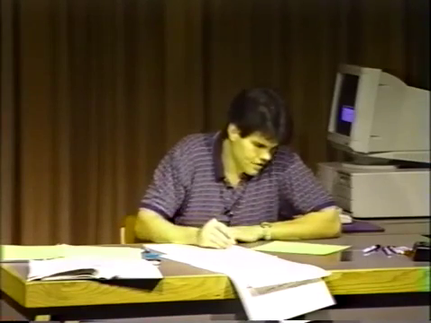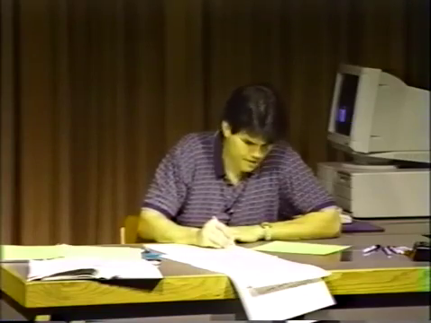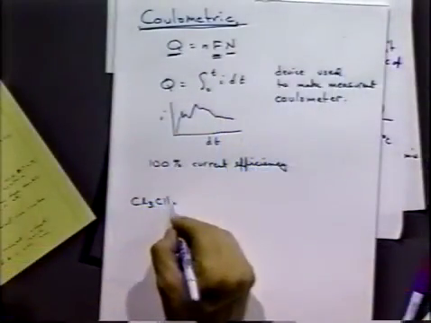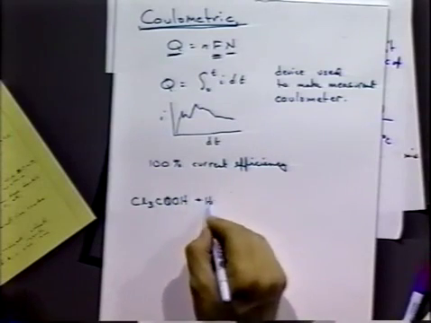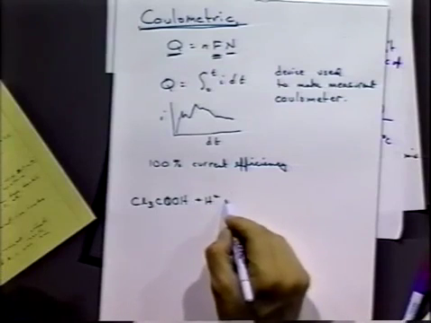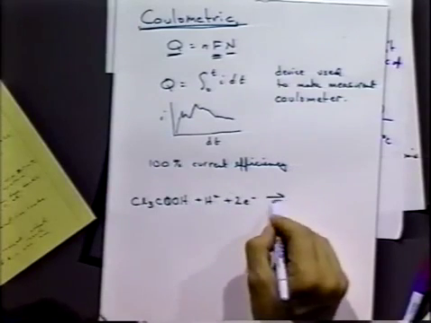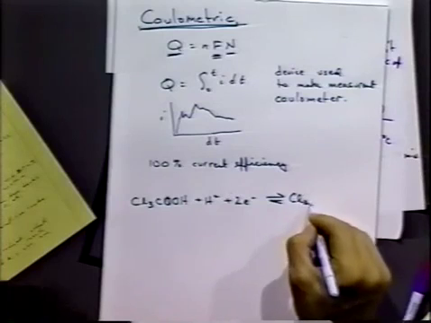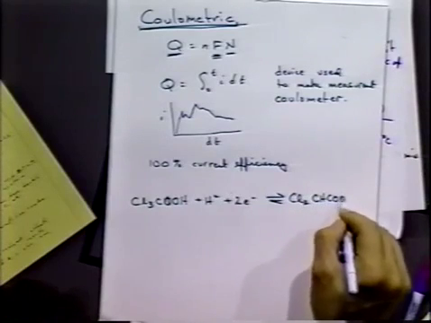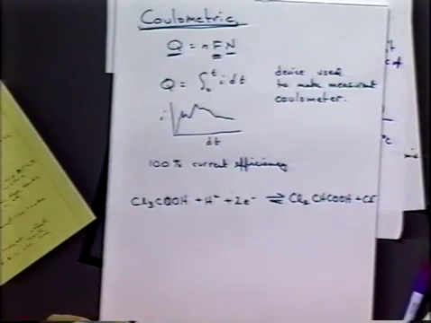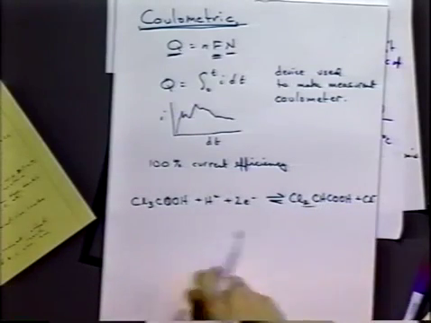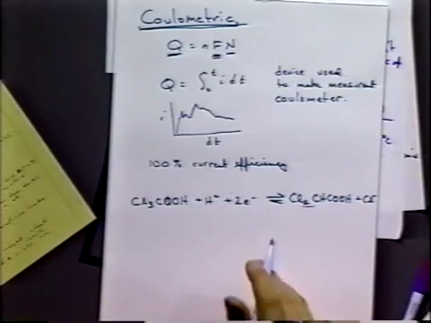Okay. This is an example of some stuff we use in our lab sometimes. Trichloroacetic acid in the acid solution can be reduced to the dichloroacetic acid plus a chloride ion, and it actually works out that we can do this reaction even in other forms, the dichloro and the monochloro, which have different reduction potentials.